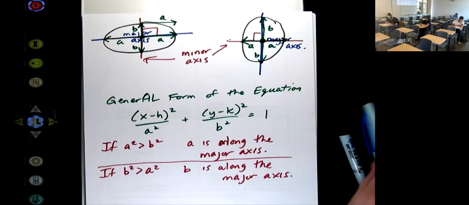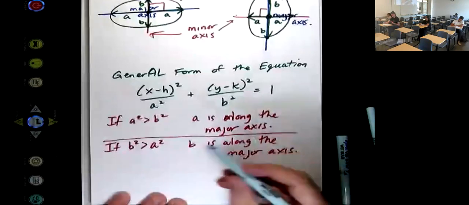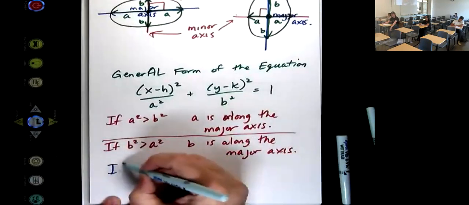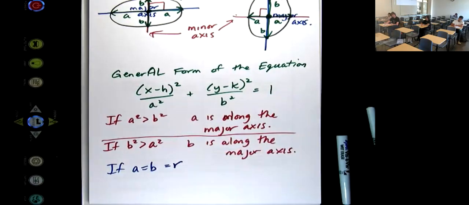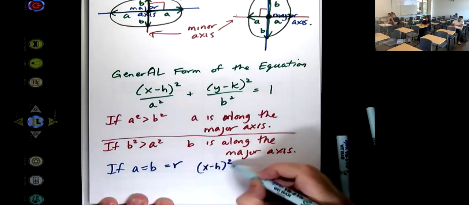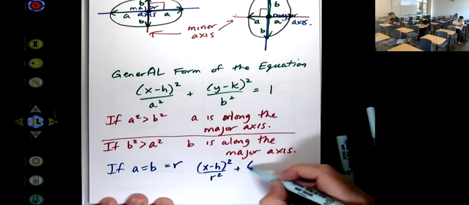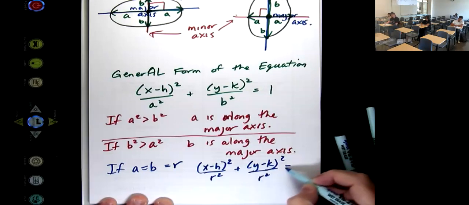In fact, this is kind of neat, if A equals B, let's call that R. This equation becomes (x minus h) squared over r squared plus (y minus k) squared over r squared equals 1.